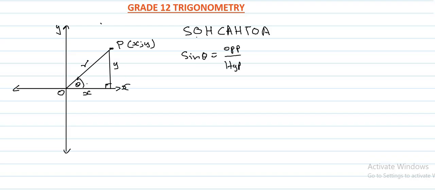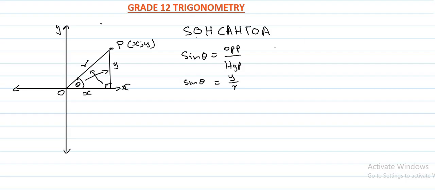The opposite is the side opposite theta. The hypotenuse is the side that is opposite 90 degrees, and it's always the longest side. So in terms of our diagram, the sine of theta will be given by opposite, which is y over r.